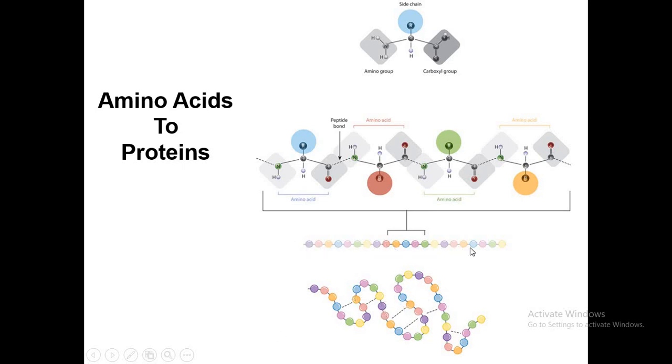Why do we call this a polypeptide chain? Because it has multiple peptide bonds between the amino acids.